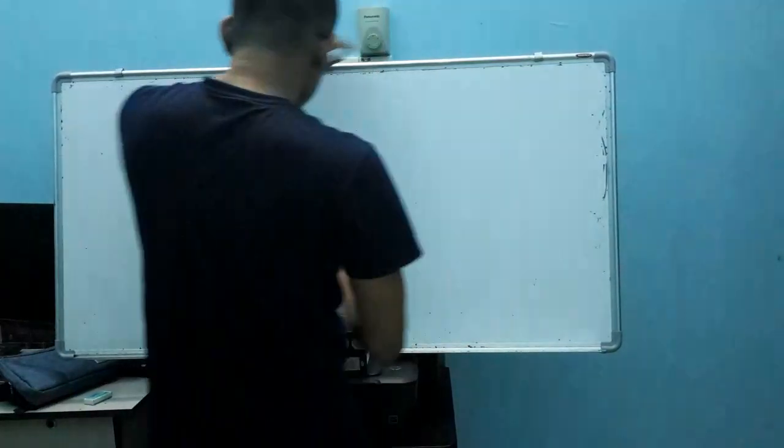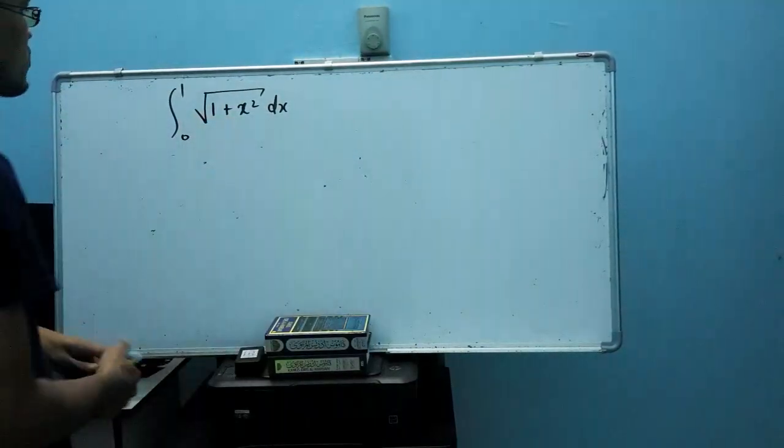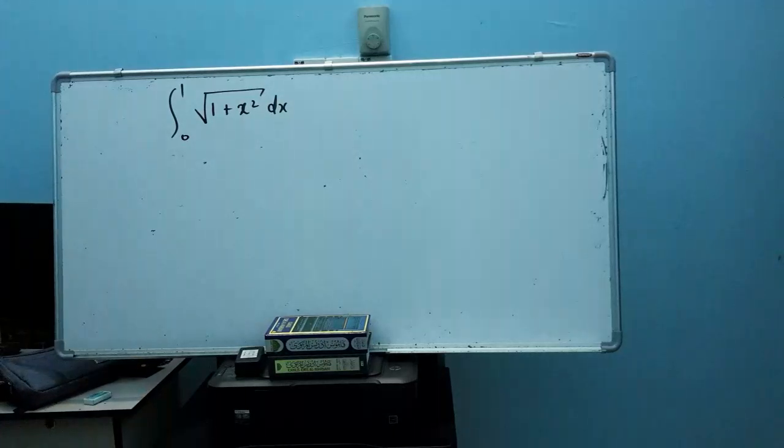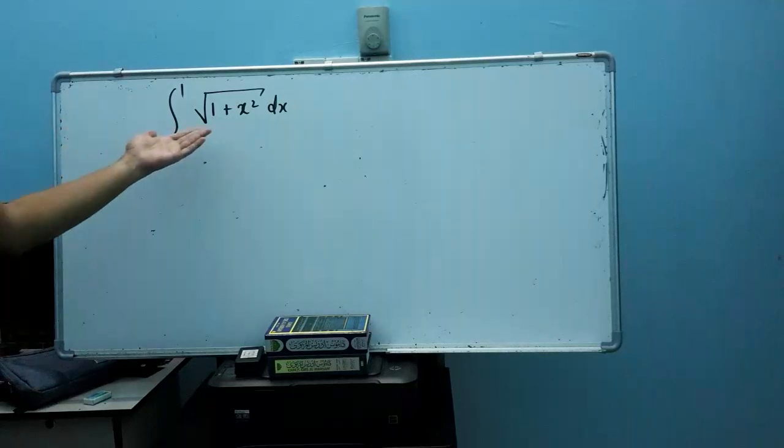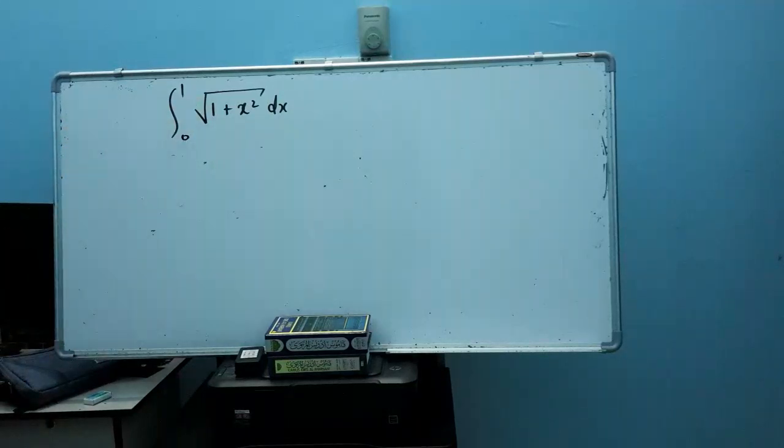So now our problem here is that we want to integrate such a function. When you come to finding the integration, you always try to evaluate it by a well-known formula. You always start with this one.